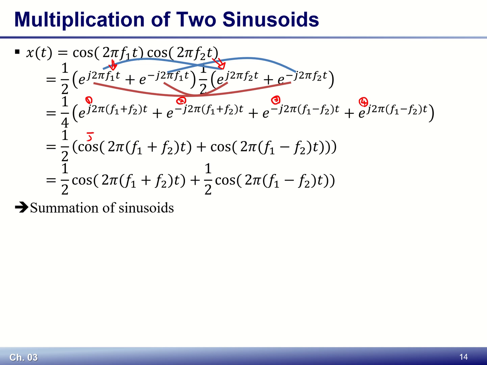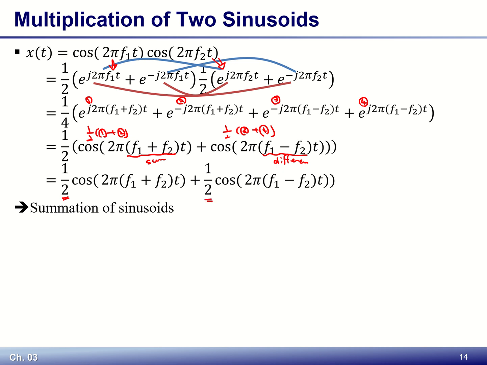So 1 plus 2 becomes cosine 2 pi (f1 plus f2)t, and 3 plus 4 becomes cosine 2 pi (f1 minus f2)t. So it's sum and difference, and the magnitude becomes a half.